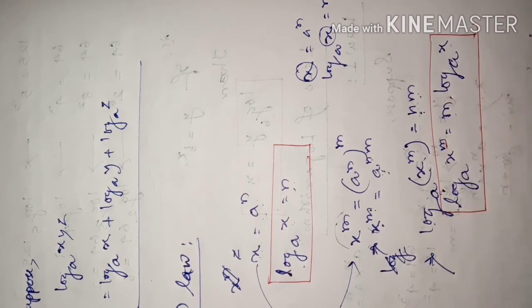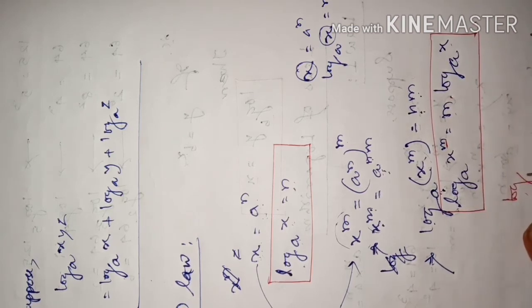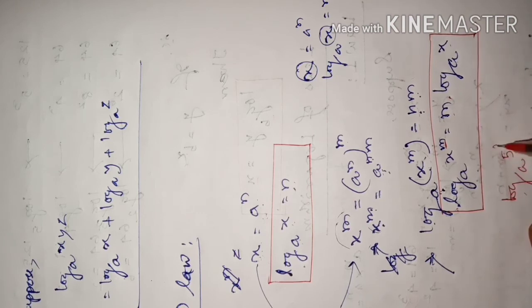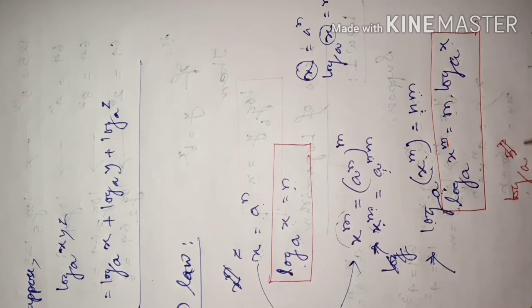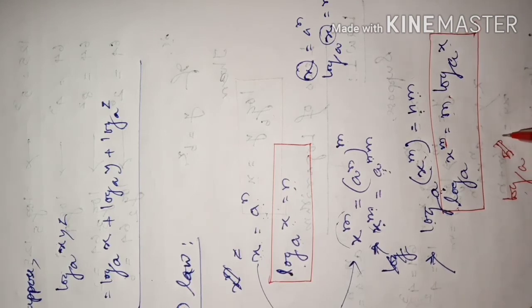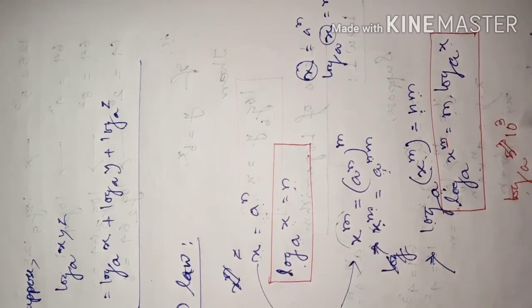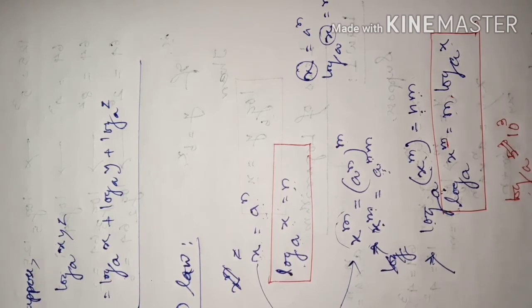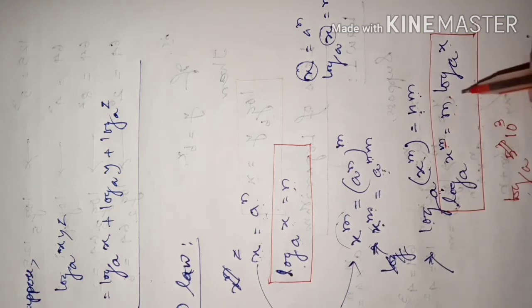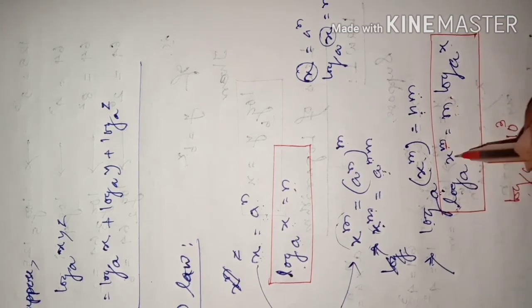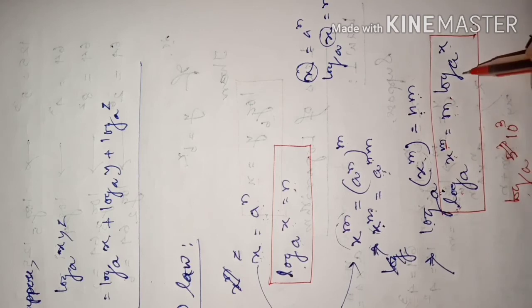Suppose say 10 cube or 5 cube, then it can be written as 3 log to the base a of 10. The exponent can be shifted towards the left hand side like this, and you write the log of that number to the base.